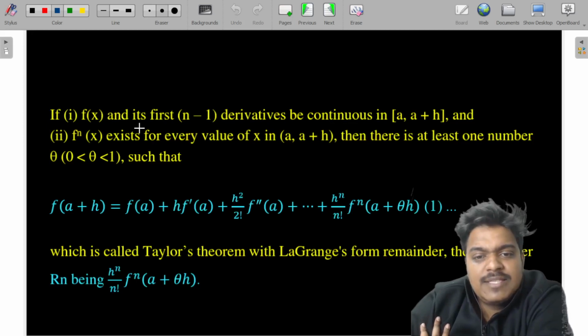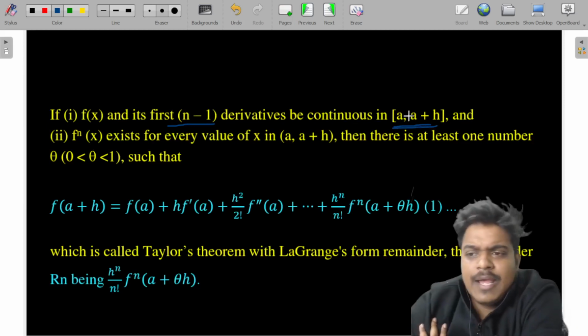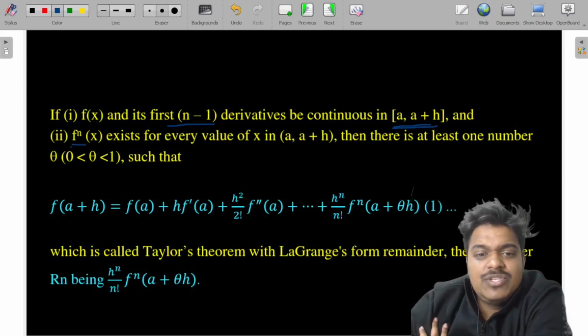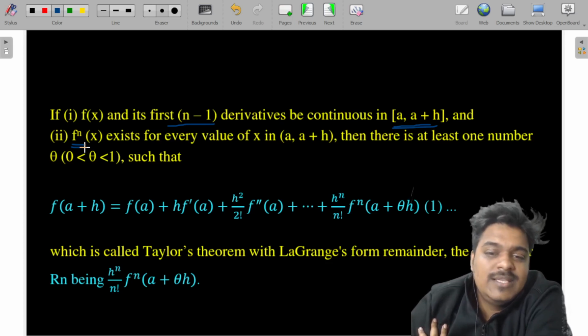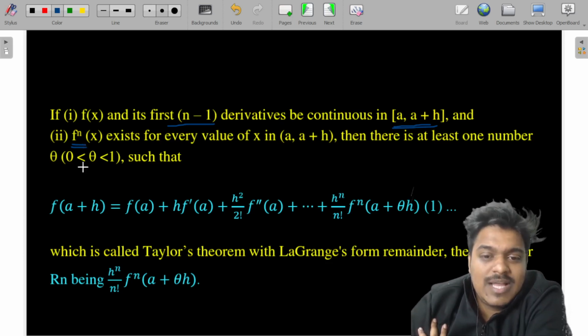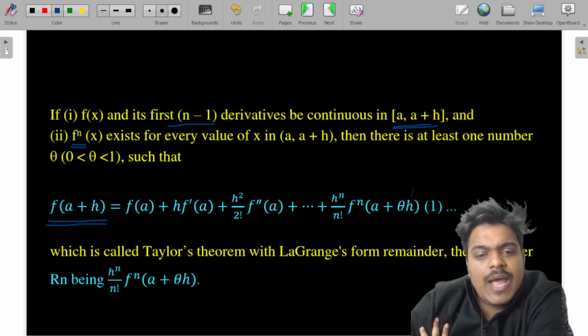If f of x and its (n minus 1) derivatives are continuous in a to a plus h, that is a small value beyond a, and the nth derivative of f of x exists for every value of x in the range a to a plus h, then there is at least one number theta such that, very important, f of a plus h you need to calculate.